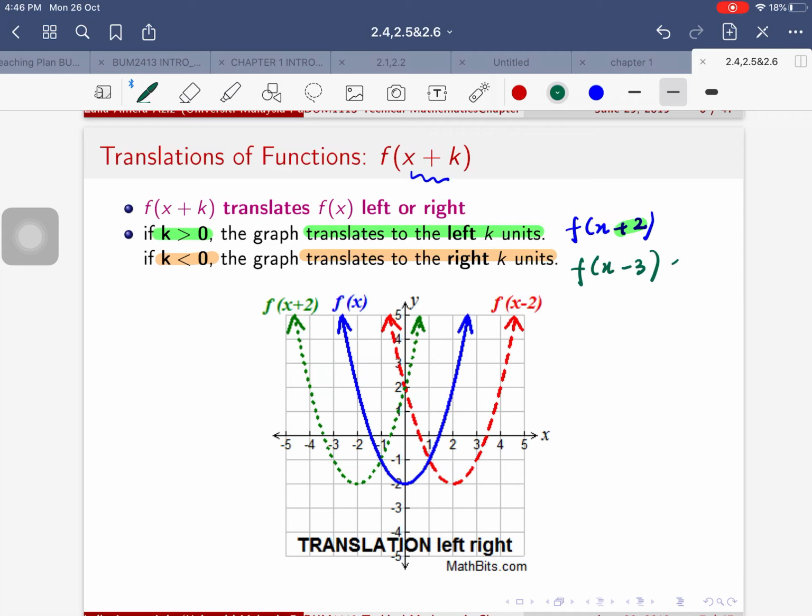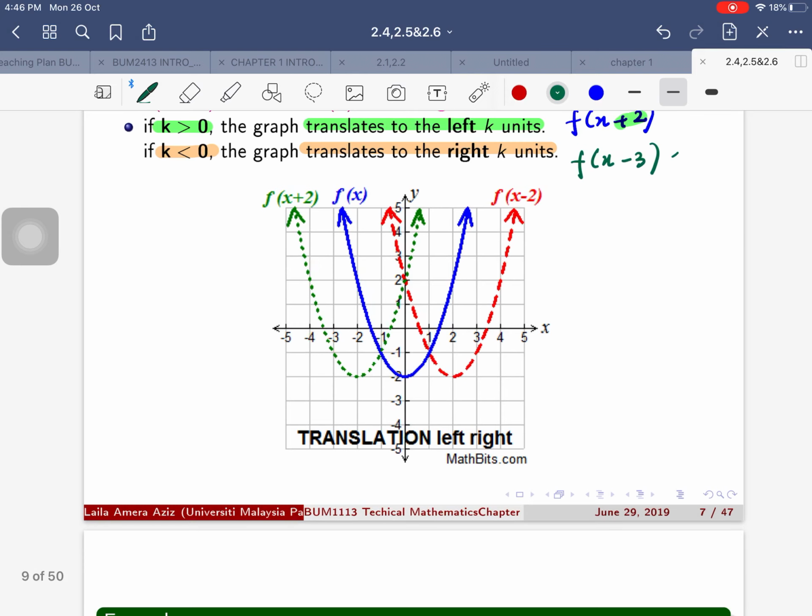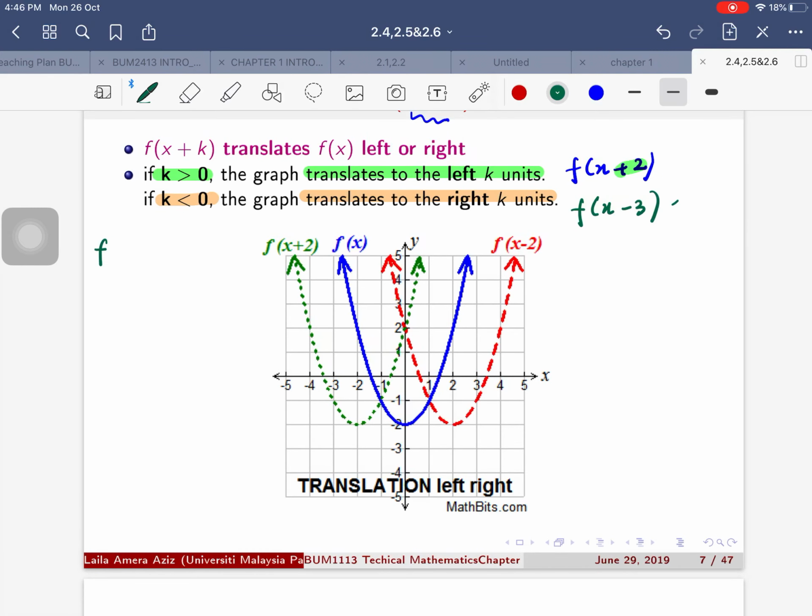For example, you could have f of x minus 3, then we know that this is going to be translated to the right k units. For example, if I have f of x equal x squared, and I change this function to f of x plus 2, it's the same idea as before.